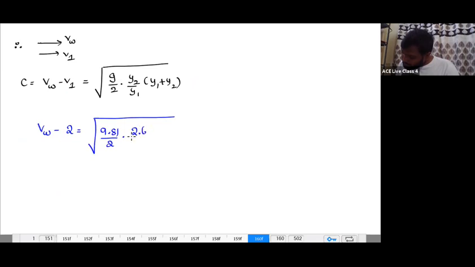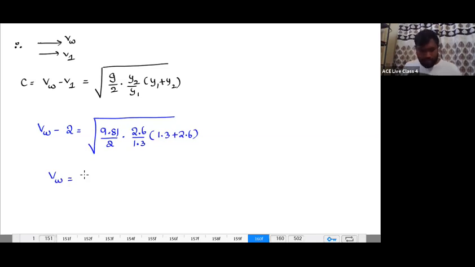Now, what is Vw? Vw minus 2 is equal to root of 9.81 by 2 into y2 by y1, that is 2.6 by 1.3, into (1.3 plus 2.6). So this Vw, if I solve, is the square root of the answer, plus 2.